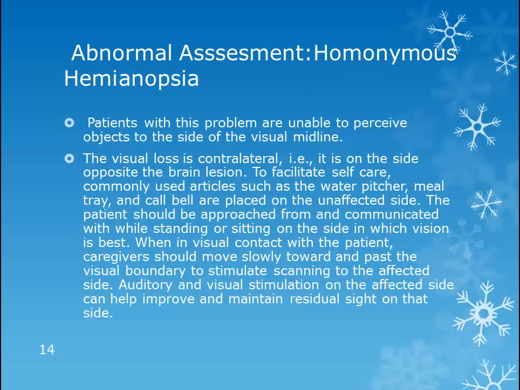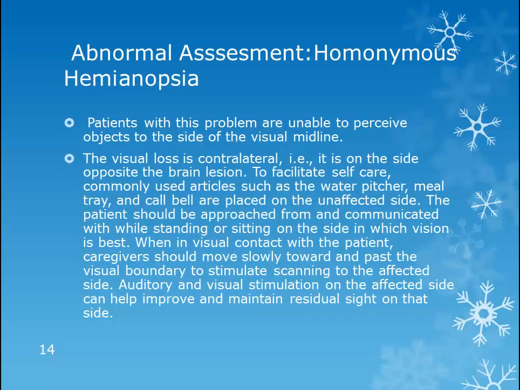Abnormal assessment continued. Homonymous hemianopsia. Patients with this problem are unable to perceive objects to the side of the visual midline. The visual loss is contralateral. It is on the side opposite the brain lesion. To facilitate self-care, commonly used articles such as the water pitcher, meal tray, and call bell are placed on the unaffected side.